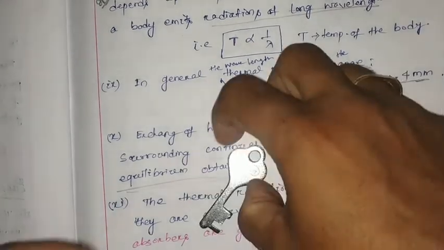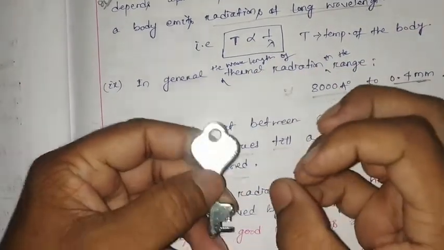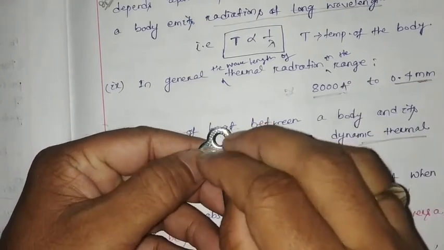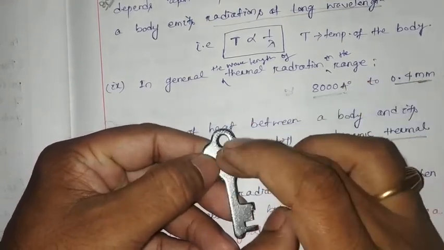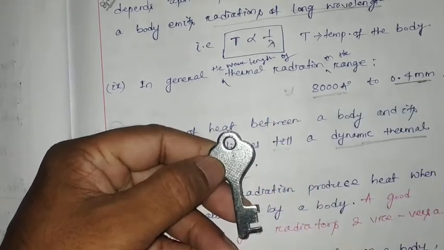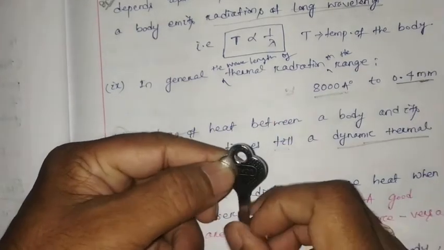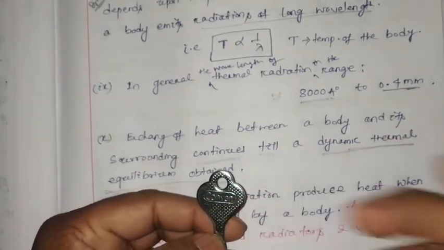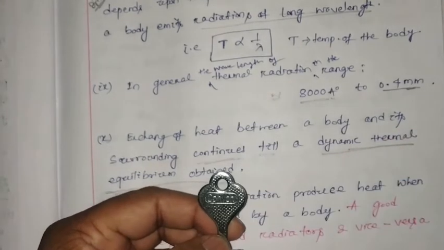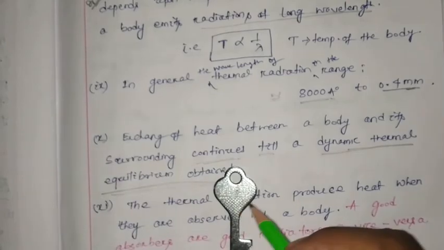So if the surrounding is at low energy, then energy is going to transmit from this body to the surrounding. Suppose this body is at higher temperature and its surrounding is at low temperature.